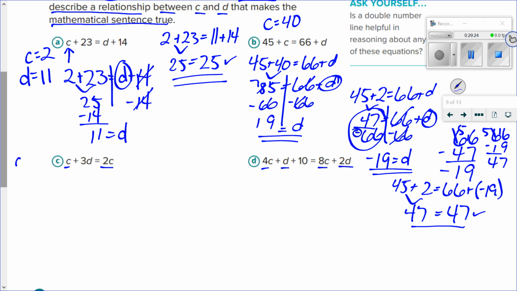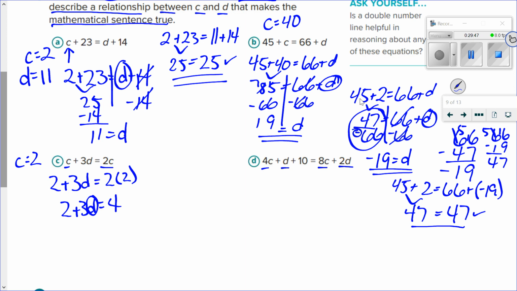Again, if I used C equals 2 on this one, it actually worked okay. I would have 2 plus 3D equals 2 times 2. So I would say 2 plus 3D equals 4. Here's my variable. The difference now is I actually have what we call a two-step equation.